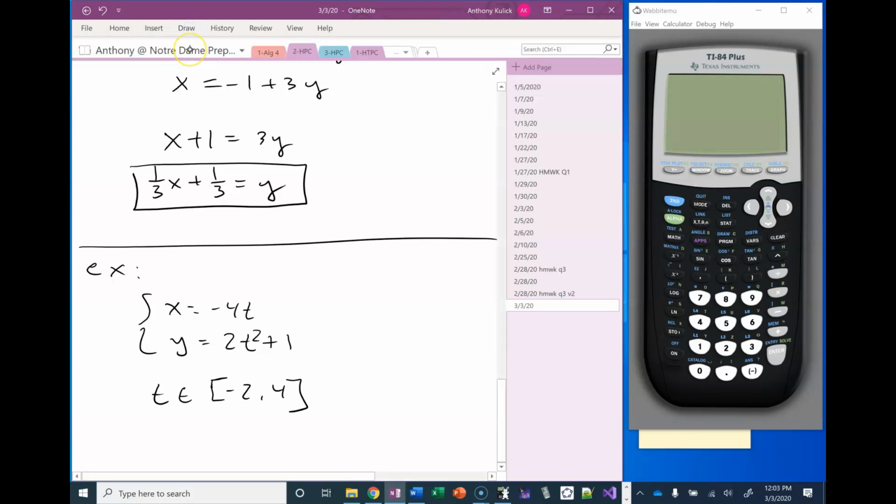So first thing I want to do is try to eliminate t. Which one of these two equations would be easier to solve for t? x equals or y equals? Hopefully you'd choose the x equals. Why would we choose that one to be easier? There's no squared in it, right? We wouldn't have to solve a quadratic, which is preferable.